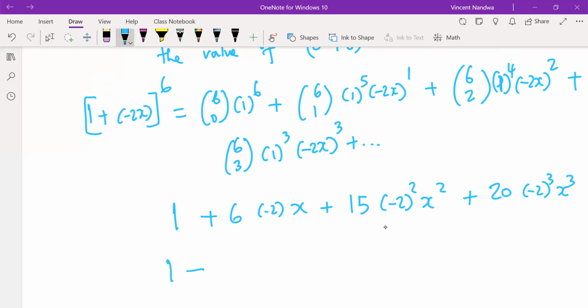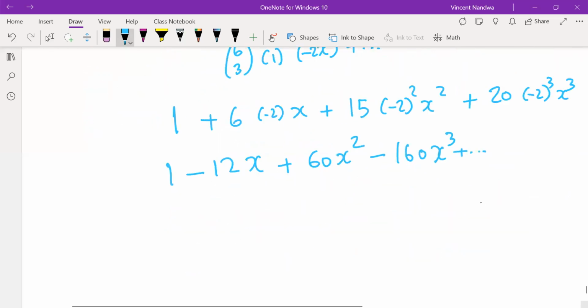So this will be 1 − 12x, then plus 60x^2. The sign here will be minus, and then 2^3 times 20 is 160x^3. We stop at that point because we have been asked to reach x^3.